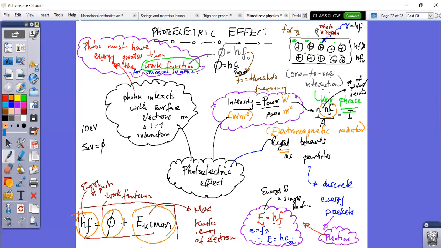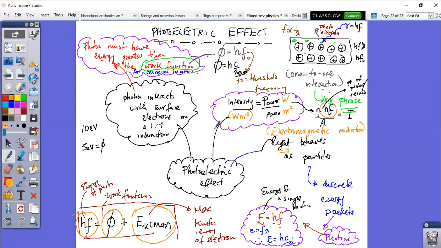Are you following that? Very good. So have a go at explaining it to me then. How would you say it? Why does intensity not affect the maximum kinetic energy? Increasing the intensity only increases the amount of photons.